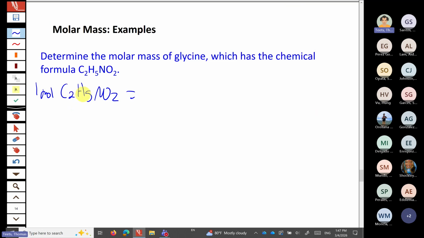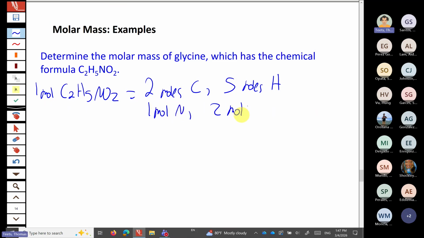So 1 mole of C2H5NO2 would have 2 moles of carbon because there's a subscript of 2 next to C, 5 moles of hydrogen, 1 mole of nitrogen, and 2 moles of oxygen. And so from there, we can calculate the molar mass by again adding up all the individual atomic masses.